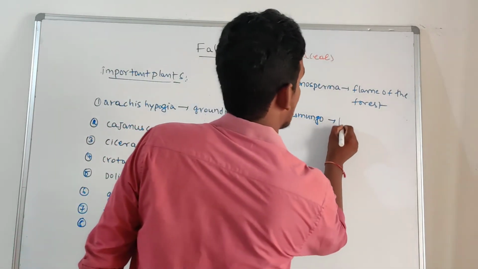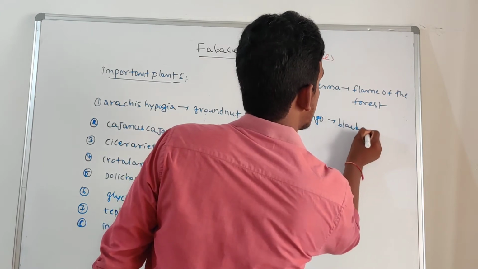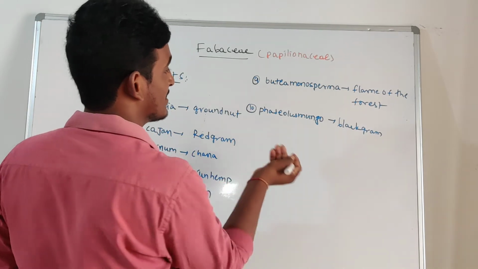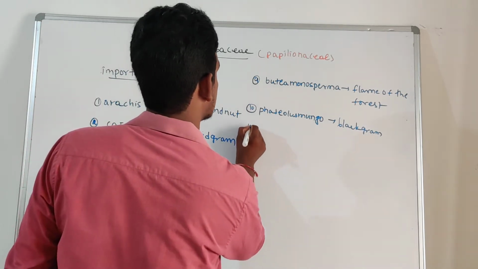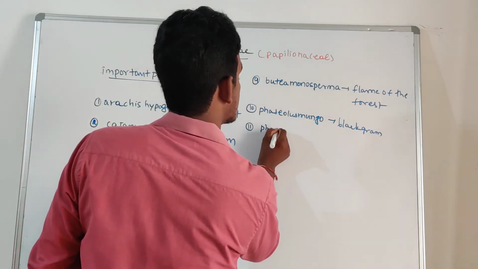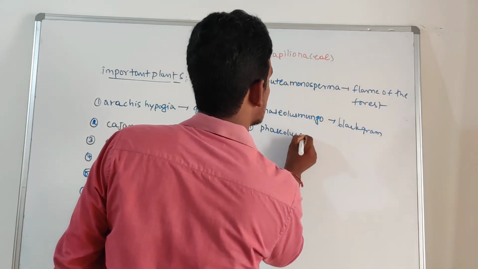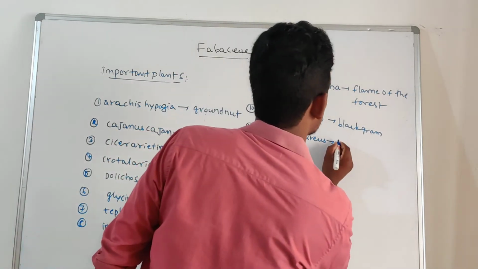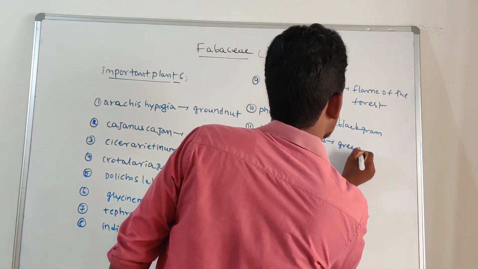It is black gram. We are getting pulses, right? Here it has more protein content. Phaseolus aureus, green gram.